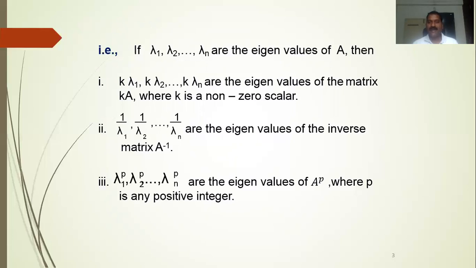Suppose lambda 1, lambda 2 and so on, lambda n are the eigenvalues of a matrix A. Then what are the eigenvalues of A square, A cube and so on? In general, A power p, where p of course should be a positive integer. Then the eigenvalues of A power p are lambda 1 power p, lambda 2 power p, and so on, lambda n power p. So these are a couple of properties.